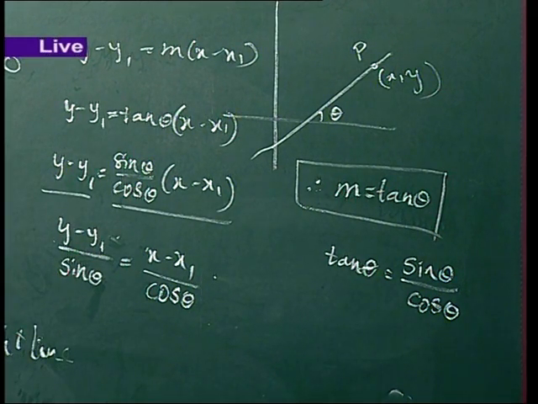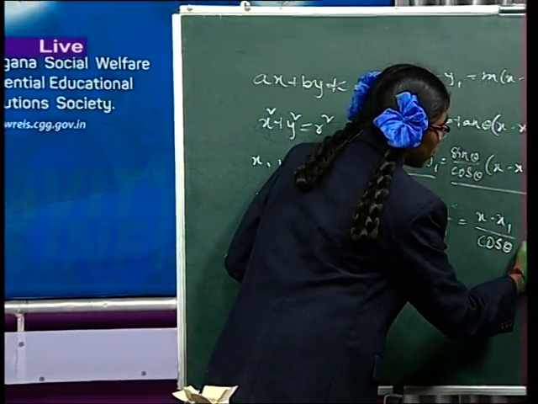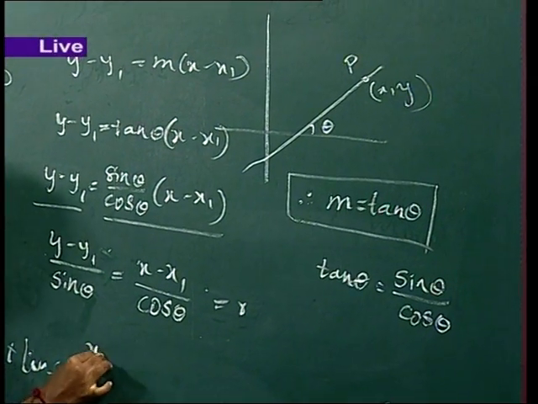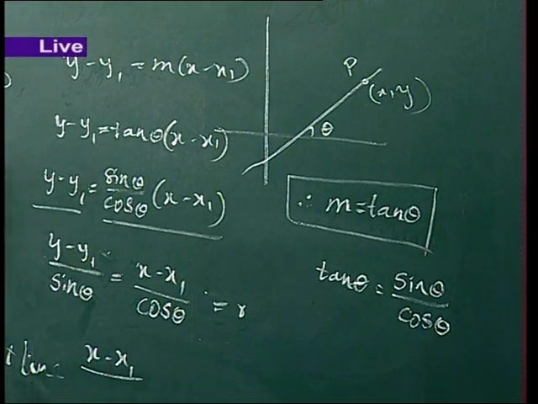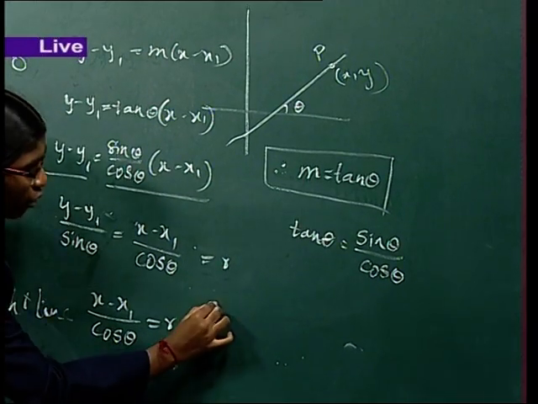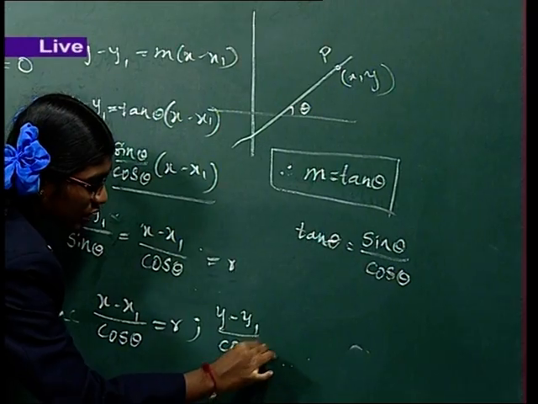If we assume that both the equations are equal to r, then x minus x1 by cos theta is equal to r, and similarly y minus y1 by sin theta is equal to r.